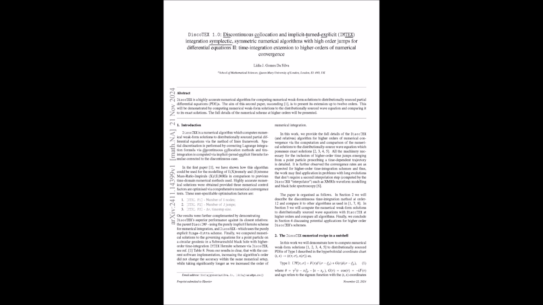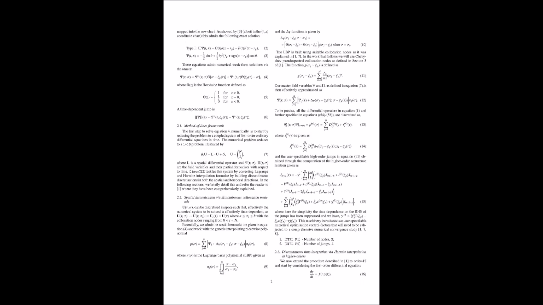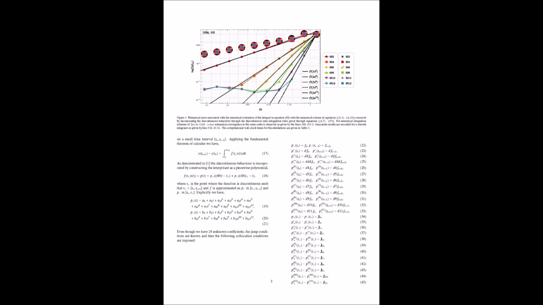More nodes, higher accuracy, but you pay the price with computation time. So it's a trade-off. Always is. Then the number of jumps is pretty self-explanatory. It controls how many of those discontinuities you're allowing in your solution. Makes sense. And lastly, the time step size, that's your classic balancing act. Smaller steps, you get higher accuracy, but it takes longer to compute. Gotcha. So finding that sweet spot is important.